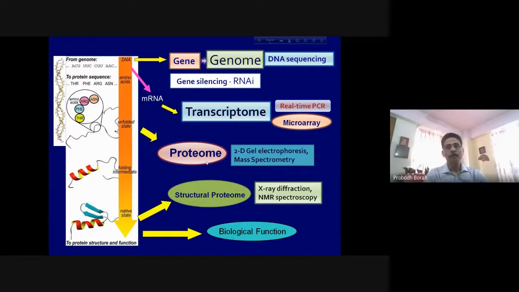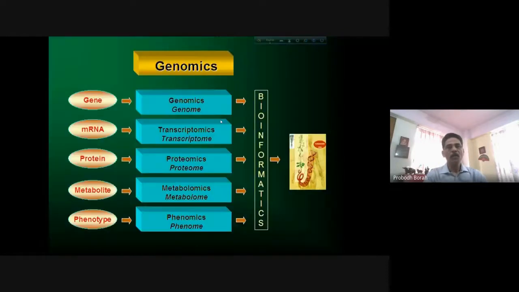And therefore, now we have in biology different levels of understanding of the biological diversity, starting from genomics, which is the fundamental basis, and then transcriptomics, which refers to the study of the messenger RNA, the second level of understanding beyond genomics. Then proteomics, study at the level of all proteins. Then metabolomics, and then finally phenomics.